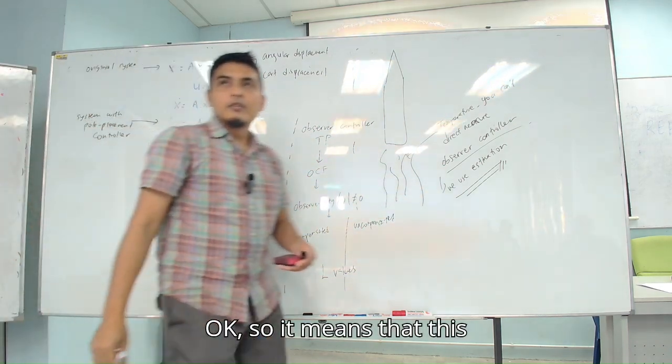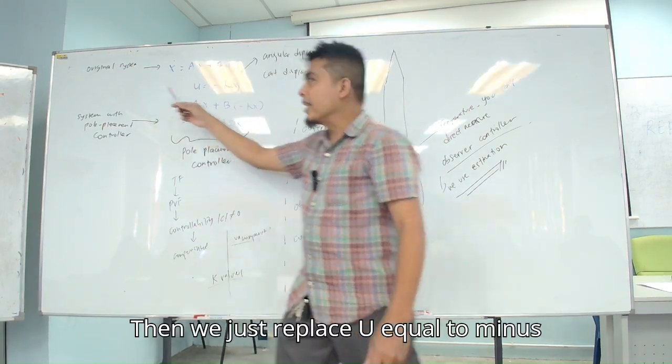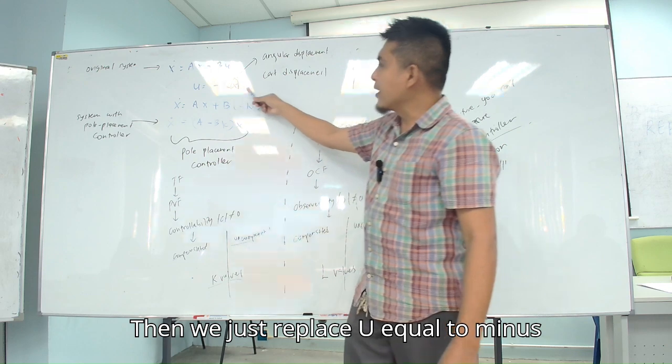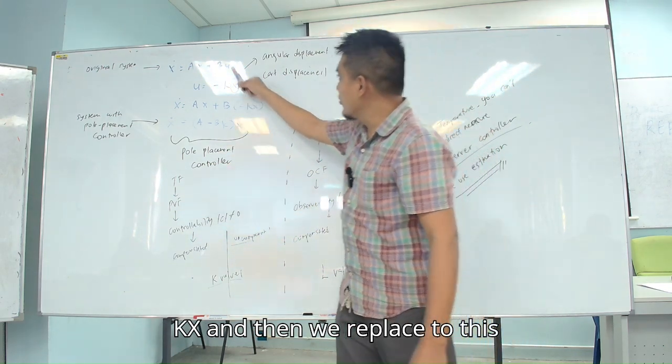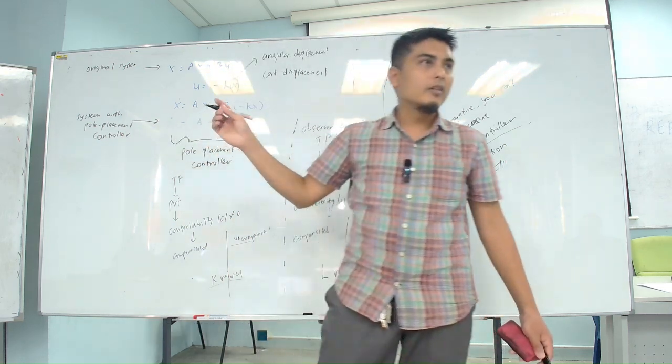It means that x dot equals Ax plus Bu is the original system. Then we just replace u equal to minus Kx, and substitute into this equation, and this is the system with the pole placement controller.